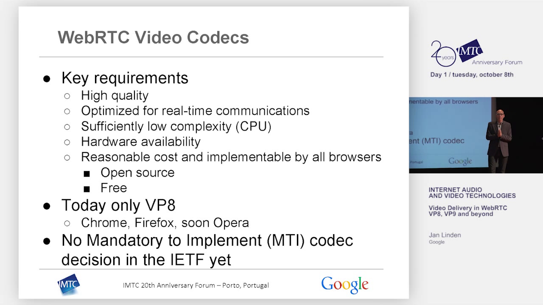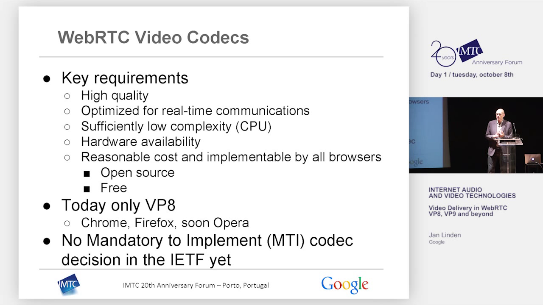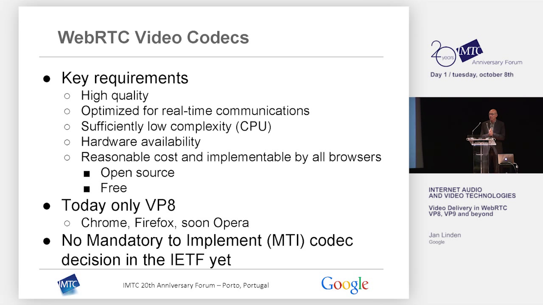So where WebRTC stands today is available in Chrome and Firefox and very soon in Opera. And all of those three use VP8 because VP8, as we'll see, fulfills these requirements. There's been a long discussion going on about a mandatory-to-implement codec in the IETF for WebRTC that has not yet come to any conclusion, while it has done that for the audio side.